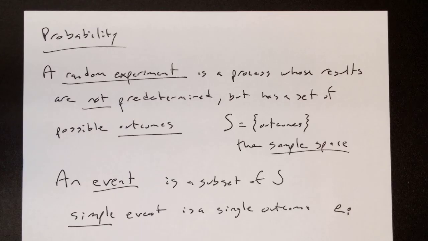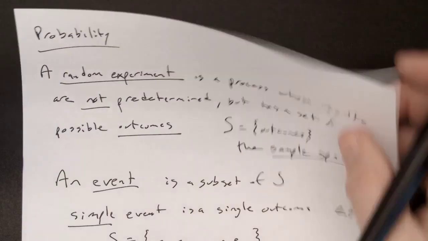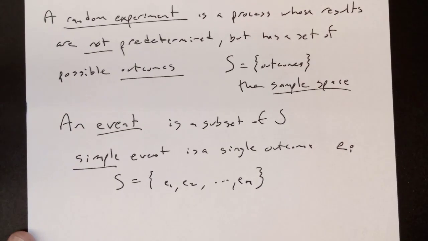And so my sample space can be thought of as the collection of all of those individual outcomes, simple events, if it's discrete.